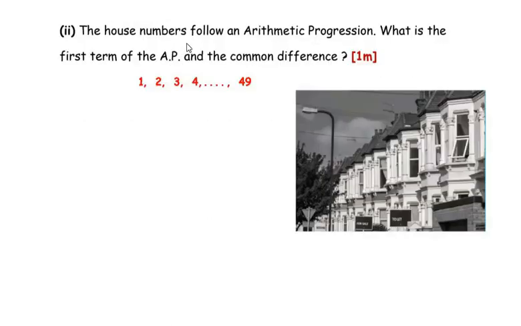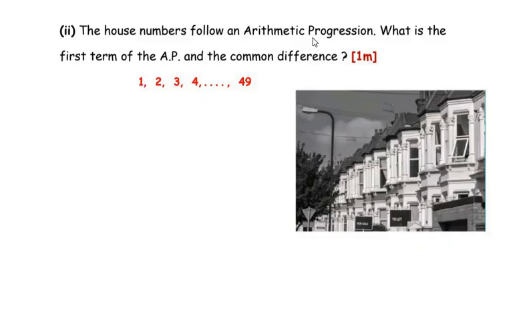The house numbers follow an arithmetic progression. What is the first term of the AP and the common difference? Now it was given in the question that the houses were numbered from 1 to 49. So we know that the sequence generated is house number 1, house number 2 and so on till house number 49. So we can see that this sequence is an arithmetic progression and the first term of the sequence is 1.